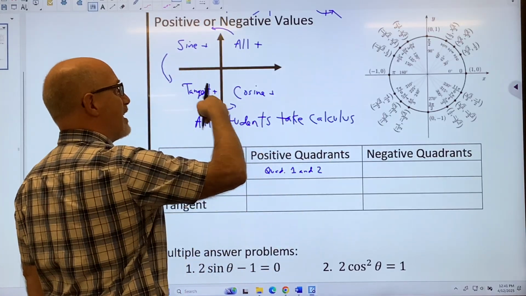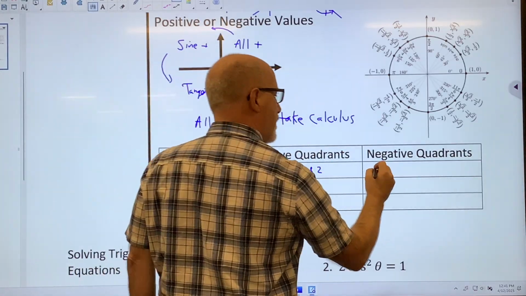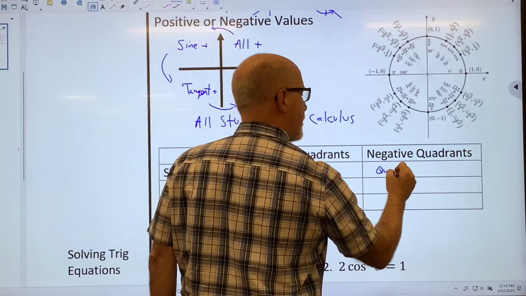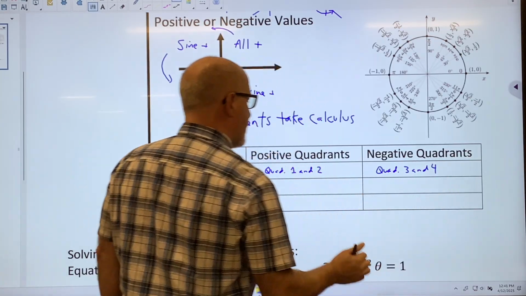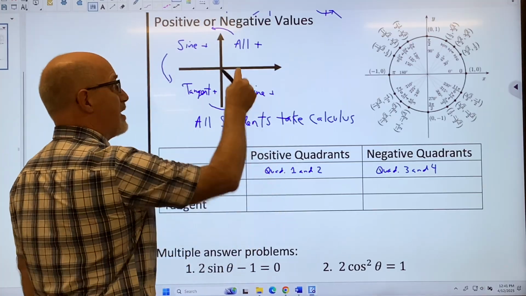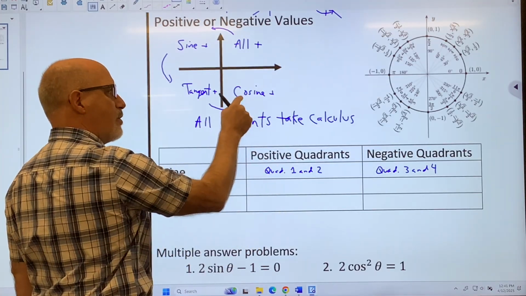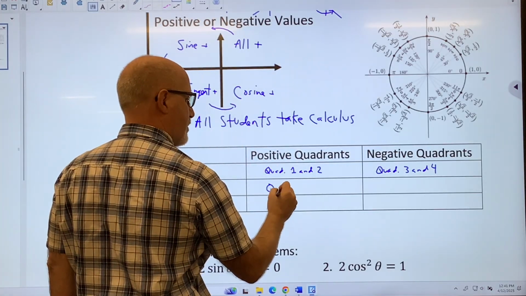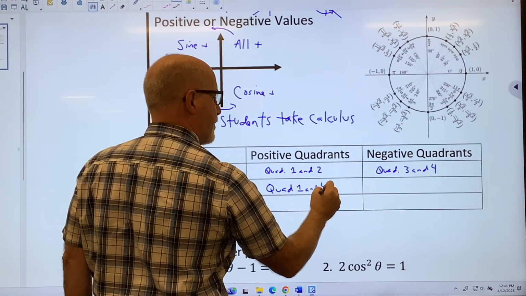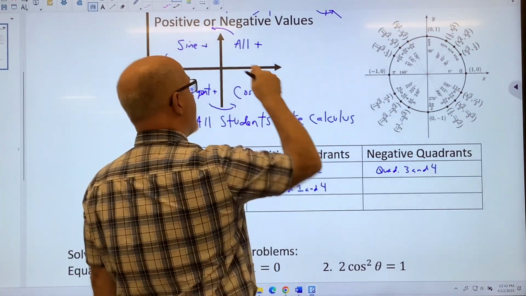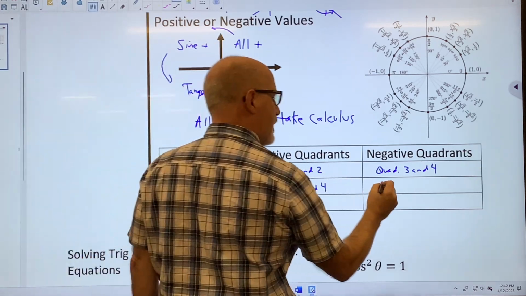It's going to be negative in 3 and 4. Cosine, on the other hand, is positive in this first quadrant and in the fourth quadrant. And then it's negative in these other two, 2 and 3.